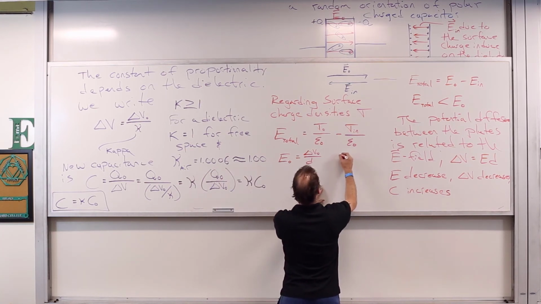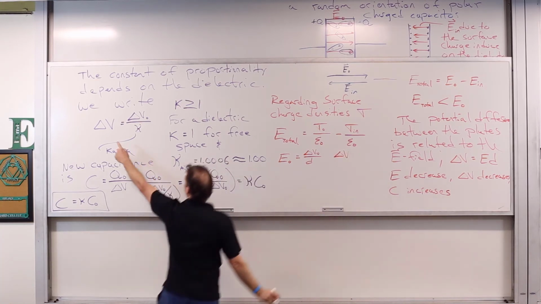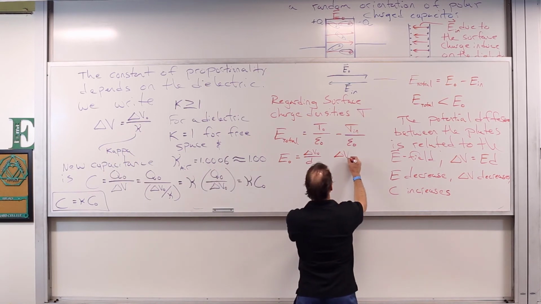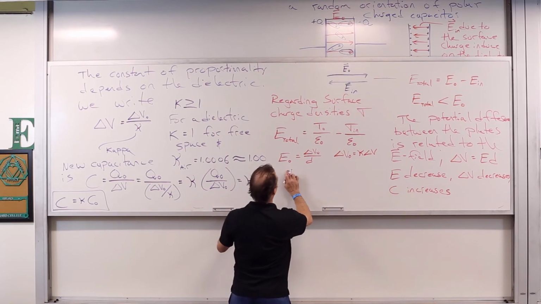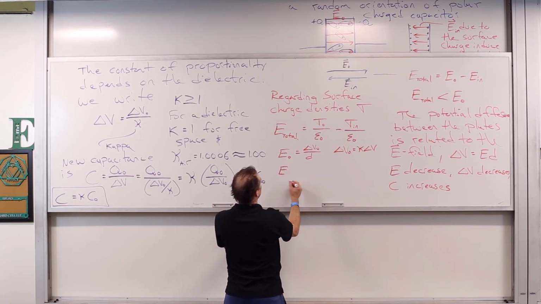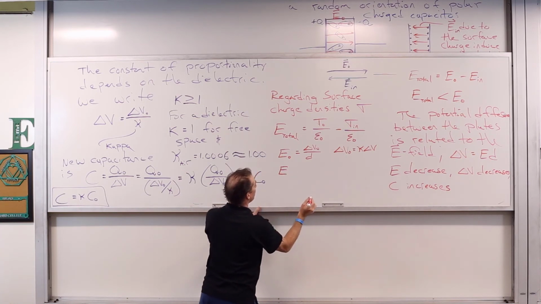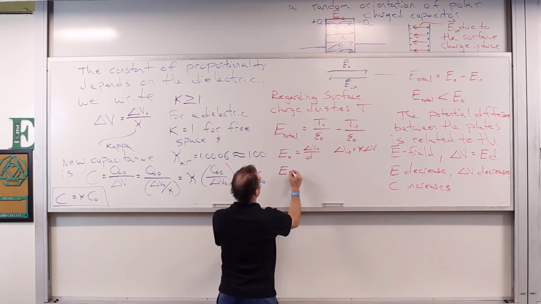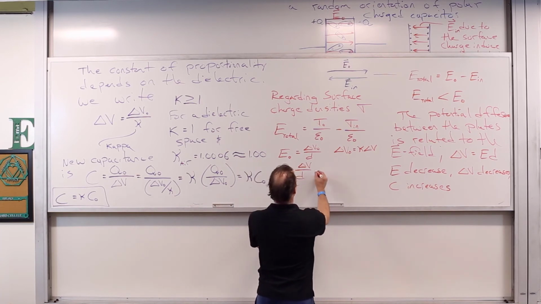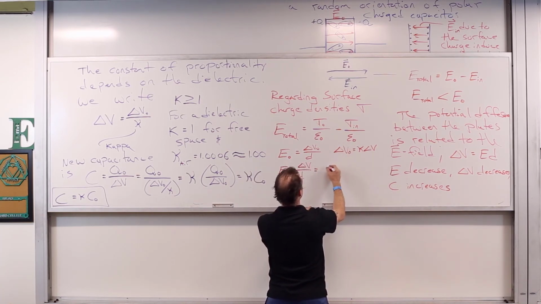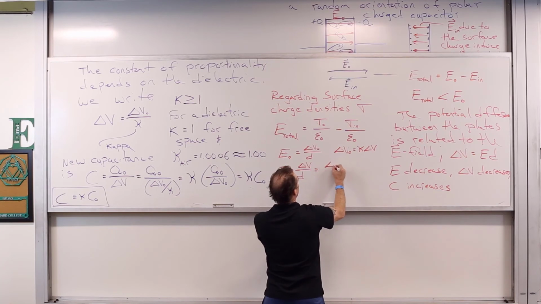And we note that delta V is going to be equal to delta V0 over kappa, so we can say that delta V0 is equal to kappa times delta V, so that we can write that E has to be equal to the total potential difference divided by D, which can then be written as delta V0 over kappa D. We didn't really need this, it's the other way around, but that's the relation. Delta V0 over kappa D.